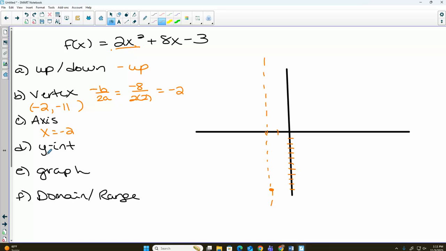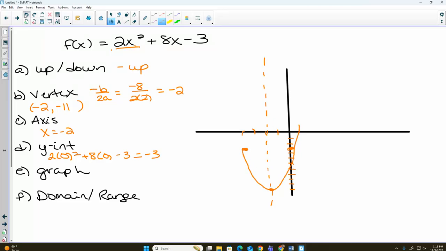Y-intercept, how do we always find that? 0 in for your x's, and we get, so I hit at negative 3. So if I want another point, I can say, well, that's 2 away from my axis of symmetry. So if I go to the other direction, I have a third point. So now we can draw our graph.